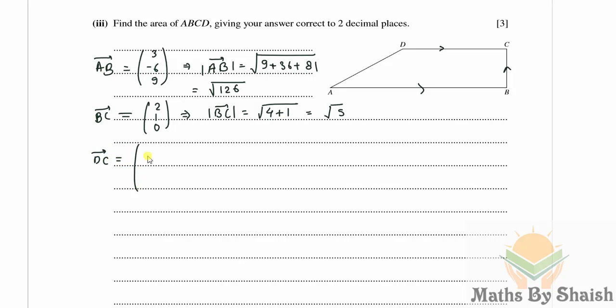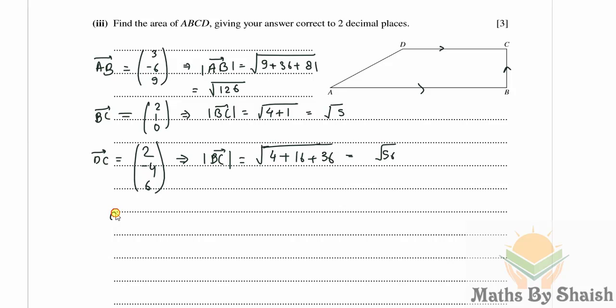DC vector was (2, -4, 6). So from here we will calculate the magnitude of DC vector, and that is going to be square root of 2 square that is 4, plus 4 square that is 16, plus 6 square that is 36, and it becomes 56. So square root of 56.